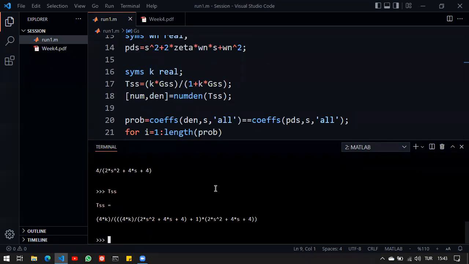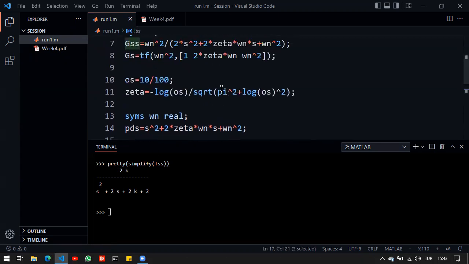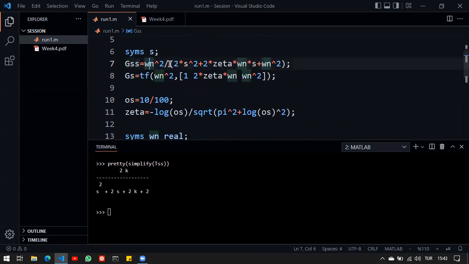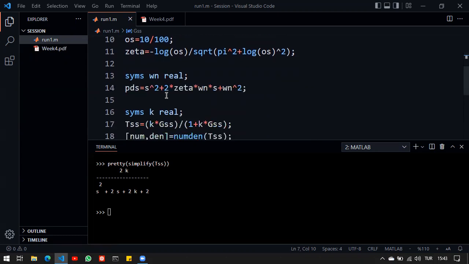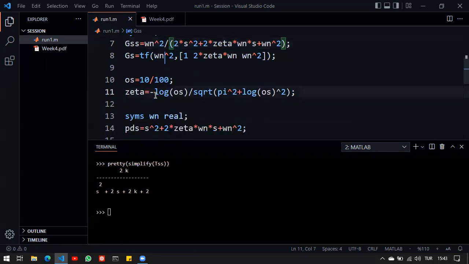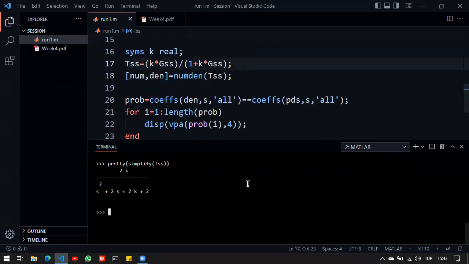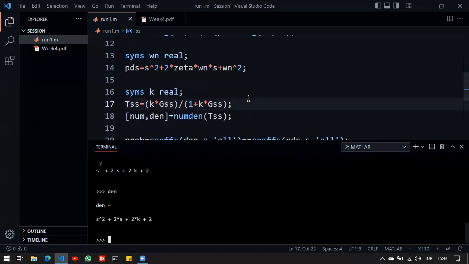Now TSS. Let's simplify this. Interesting. So we have PDS, we take the coefficients. The denominator looks like this. Interesting.